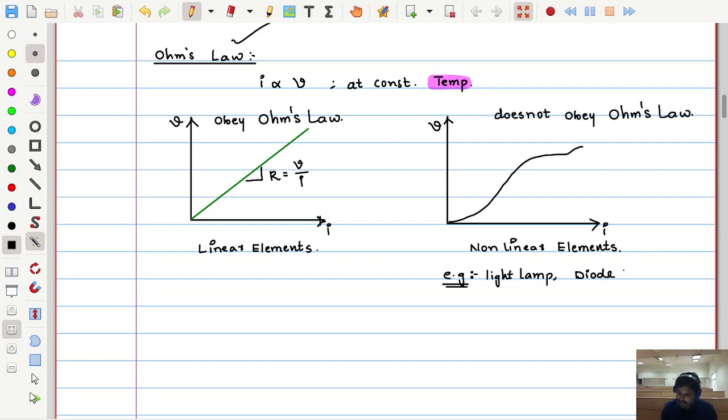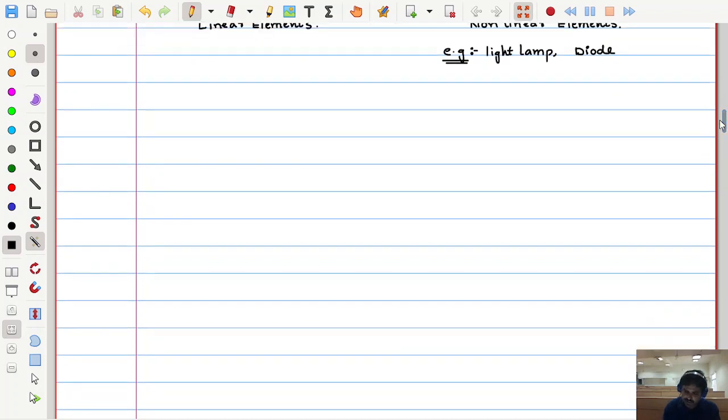Clear? In circuit analysis, we see one more term, that is the reciprocal of the resistance. What does reciprocal mean?